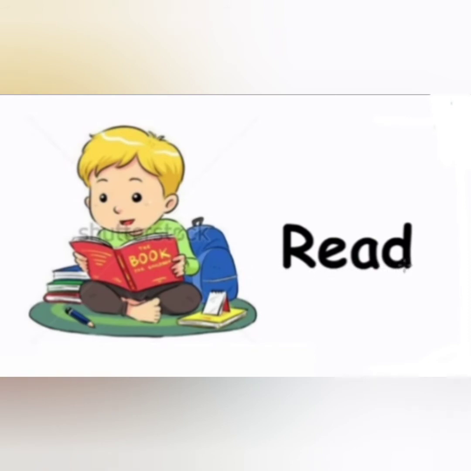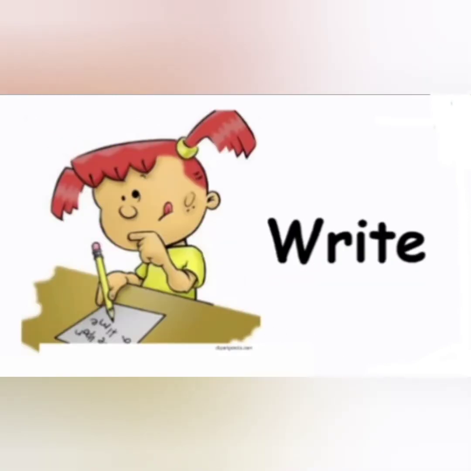R. Yes, first letter is R. Then E, A, D. What is this action word? Read. Let's read it once again. R, E, A, D. Read. What is this action word? Read. Now, we'll move to the next action word.